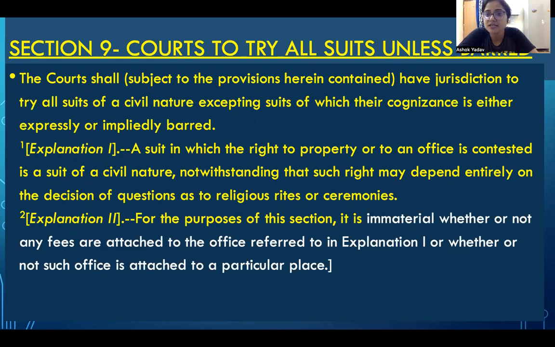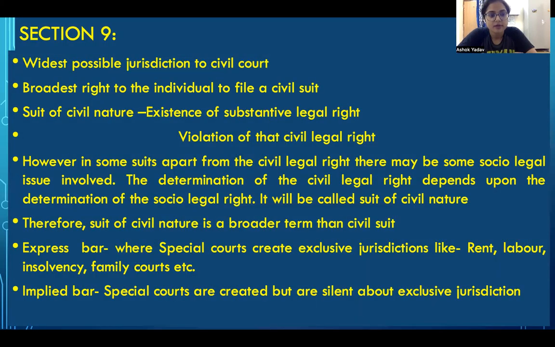So what is expressly and impliedly barred? Expressly barred means whenever there is a special court which is created by any legislation and it creates an exclusive jurisdiction clause, like in the cases of rent control acts, labor acts, insolvency acts, family courts, etc. These have an exclusive jurisdiction clause.